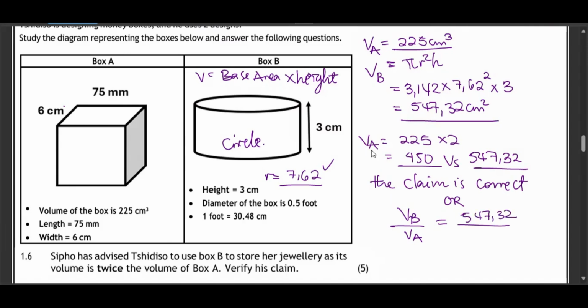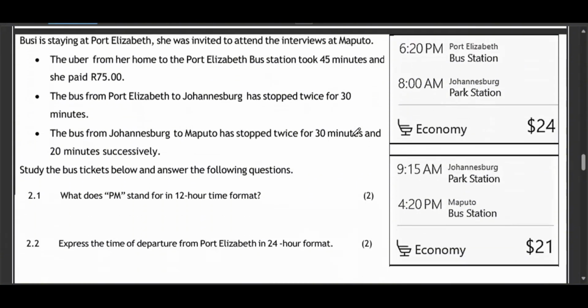We divide that by volume of A, which is 225. Divide 547,32 by 225, and the answer here is actually more than 2. So this simply means it's twice. So the claim is correct. 5 marks.